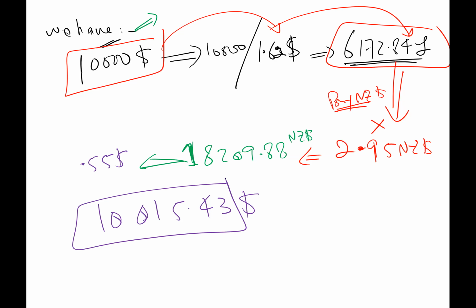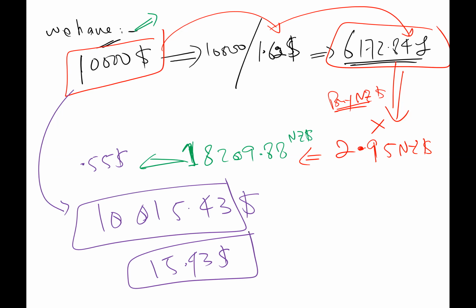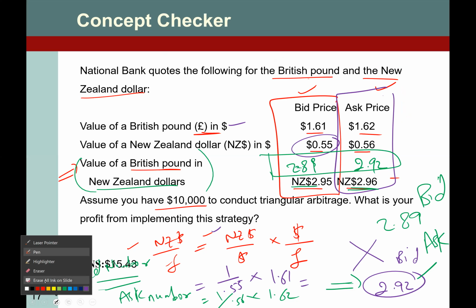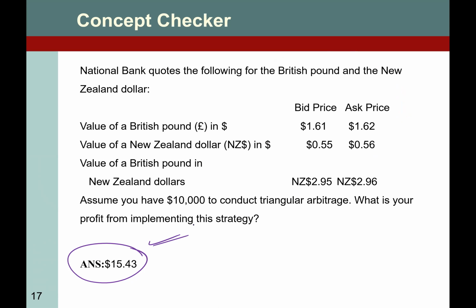So how much profit do you make? This is your investment, this is your total. The answer will be 15. If your answer is $15.43, you are in good shape.